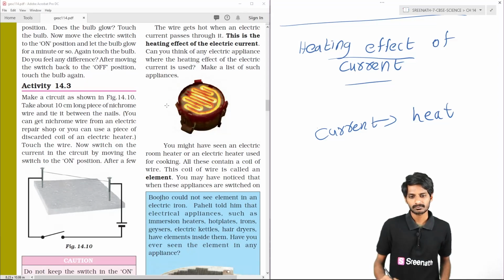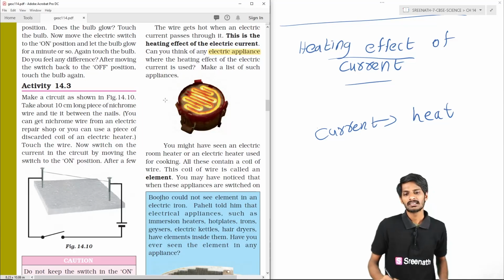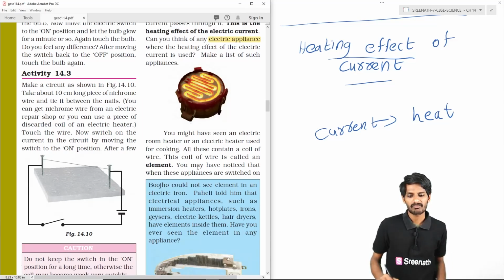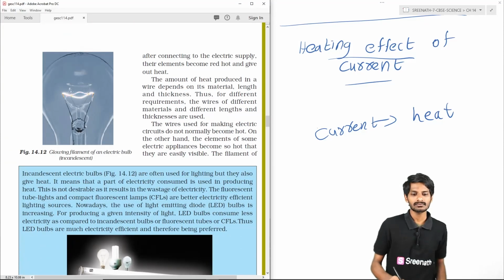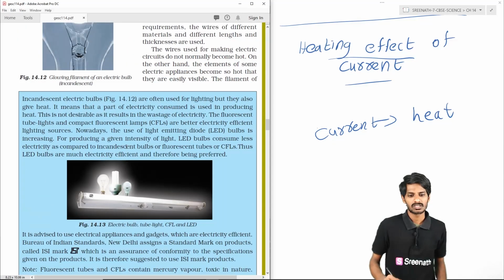In all electrical appliances there is a coil made of some metal. The coil becomes red hot and transfers heat energy. In the same way, the bulb filament heats up.